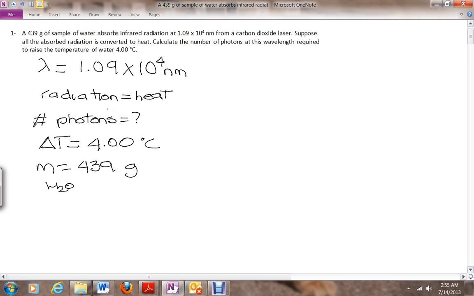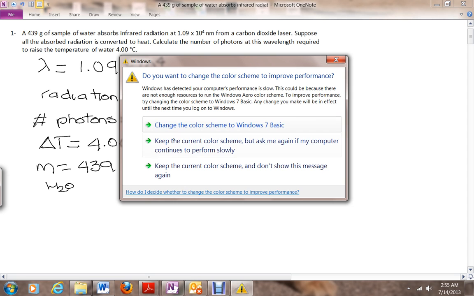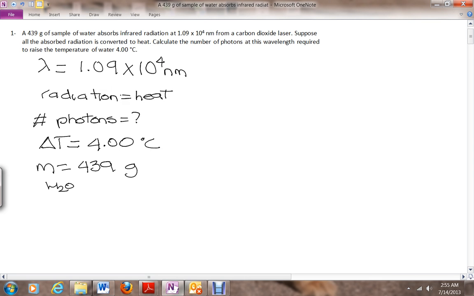They're telling you that all the radiation is converted into heat, which means that the energy of the radiation is equal to the heat, or the energy absorbed, which will increase the temperature by 4 degrees Celsius.